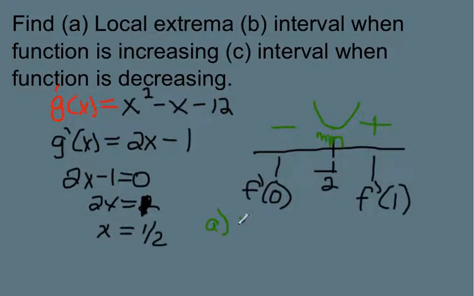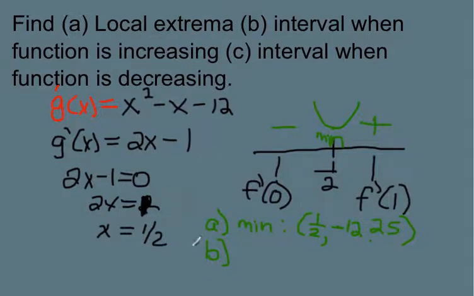We're going to have a min located at 1/2, and in order to find the y value, we plug 1/2 into the original function. That gives me negative 12.25. Now I'm going to move on to where the function is increasing.